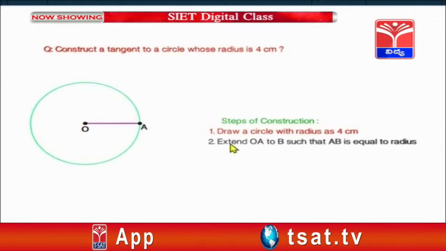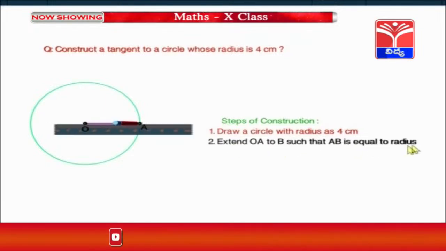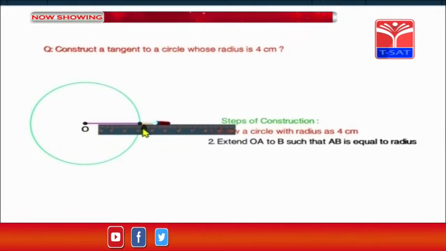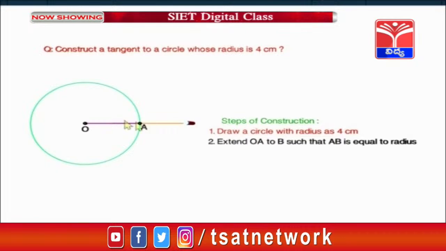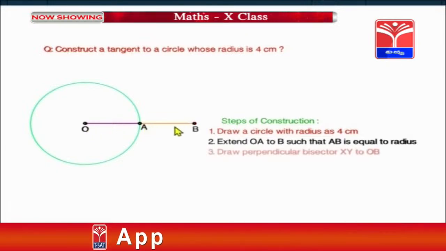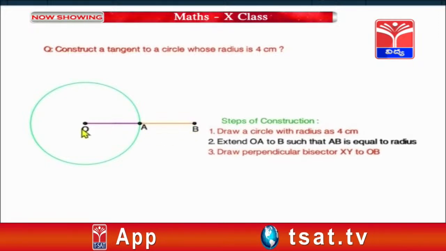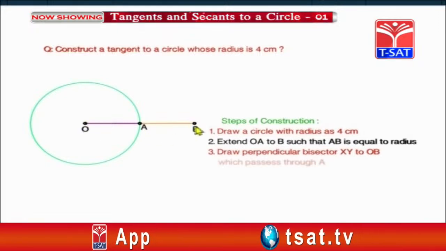Now extend OA to B such that AB is equal to the radius. Whatever OA is, I need to extend it to OB such that AB is equal to 4 cm. So whatever the radius is, the same length I have to extend it. Now OB is a line of 8 centimeters.